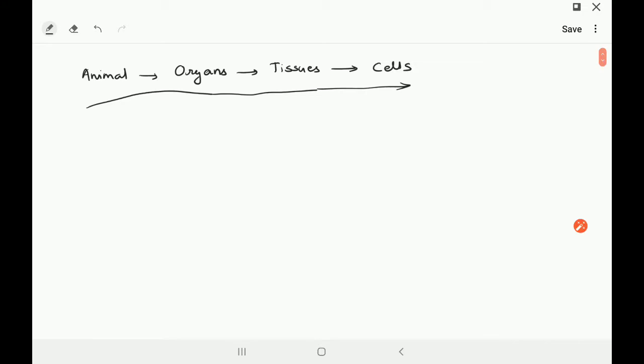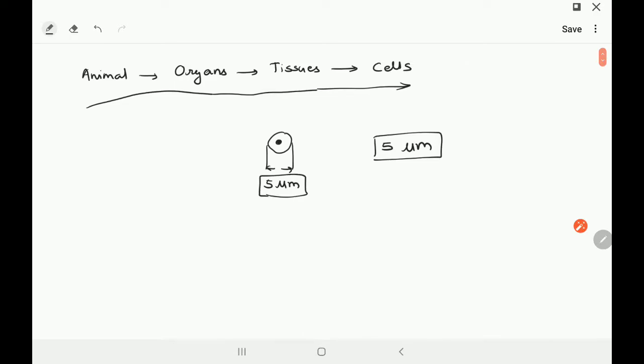I can explain how big one cell can be. One cell can be about 5 micrometers in diameter. Imagine this is a cell, it's like that. So its diameter is 5 micrometers.